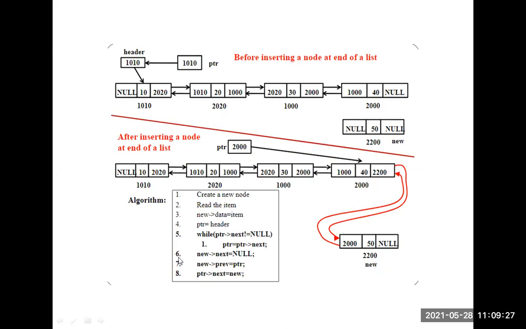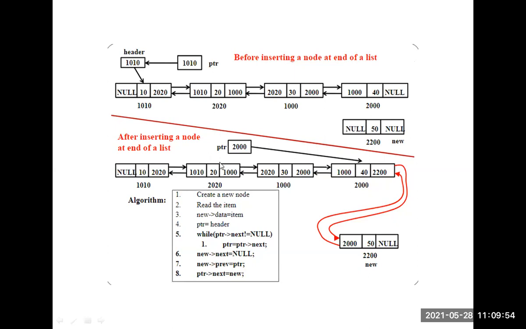Insertion at the end. Here the doubly linked list ends when the last node's right link contains null. How do we move to the last node? You already know this from single linked list and circular single linked list, where we discussed the insertion operation.